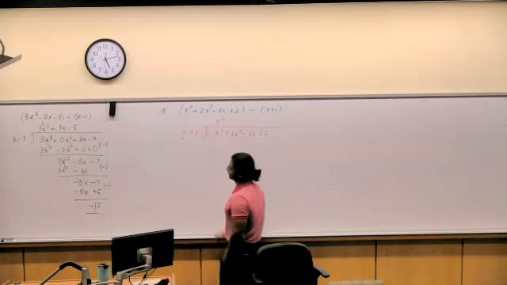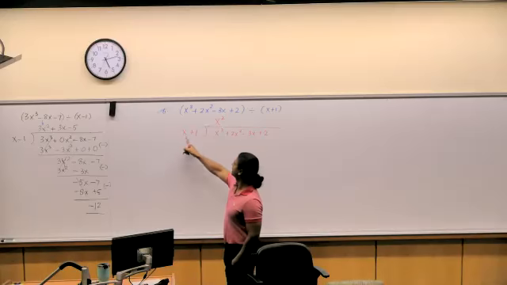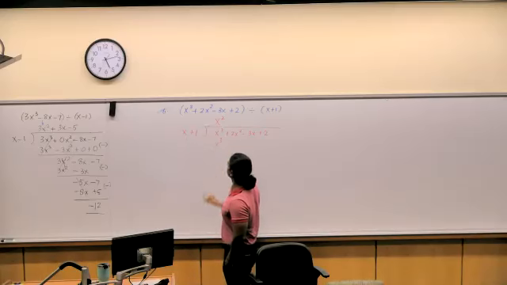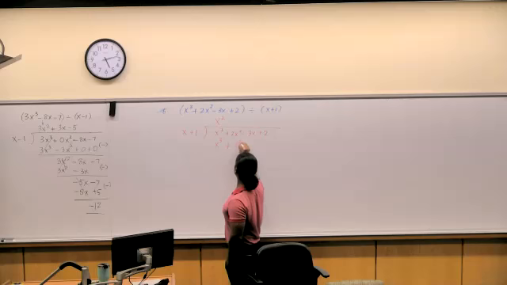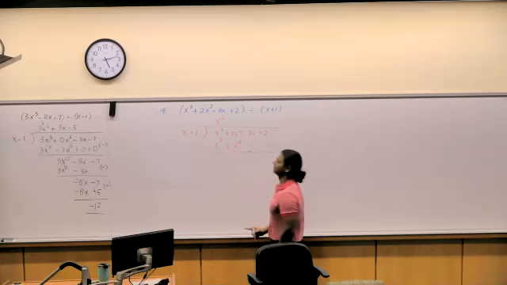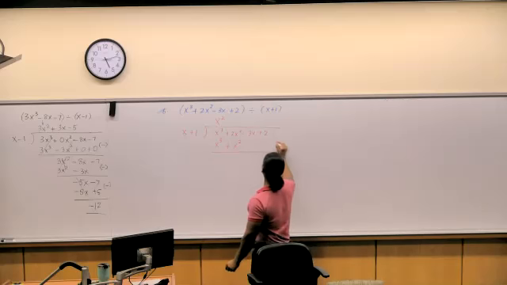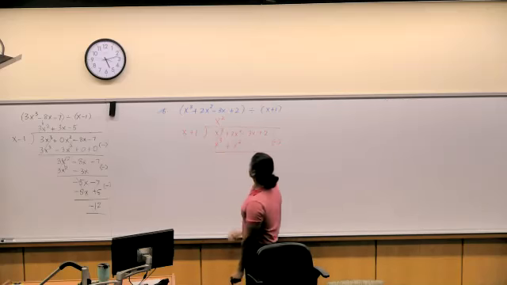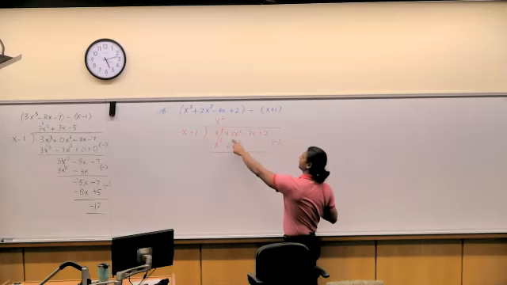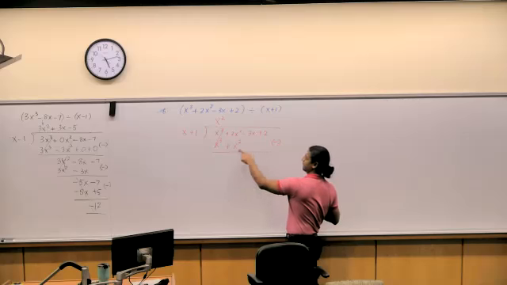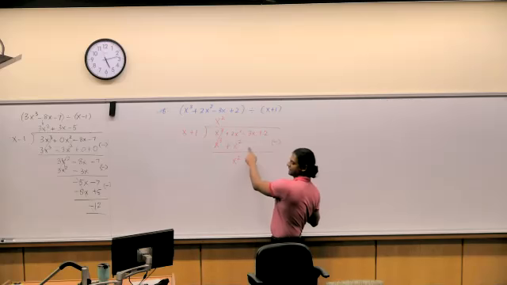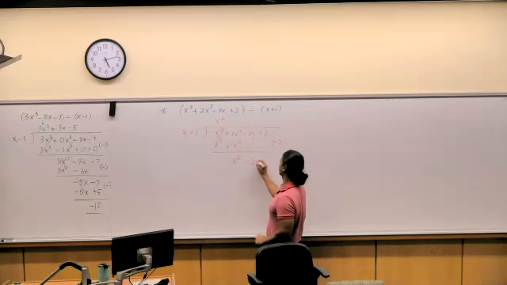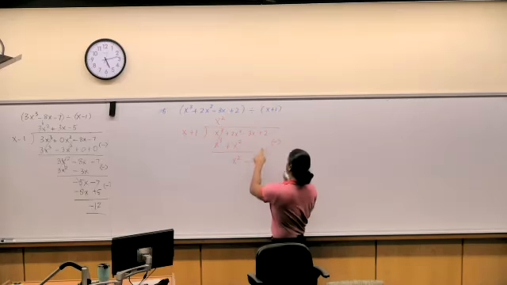So x squared times x, x cubed. x squared times 1, x squared. Always subtract. x cubed will get cancelled. 2x squared minus x squared. Nothing here, so minus 3x minus nothing, minus 3x. 2 minus nothing.